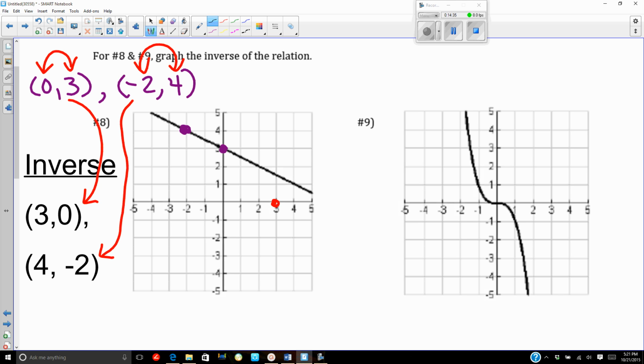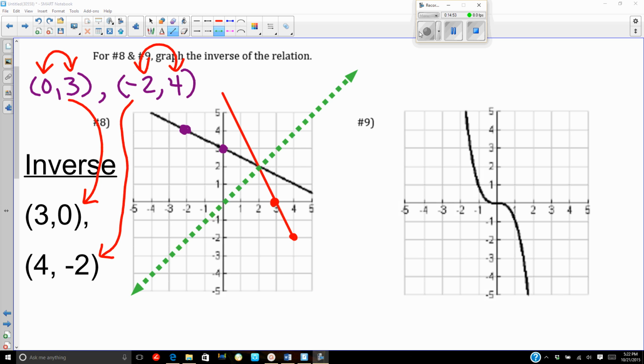So graph those points. Try to make that line as straight as possible. Wasn't perfect. That was close. Just like we talked about at the beginning of class, those 2 lines are symmetrical about the line, that green dotted line, y equals x.